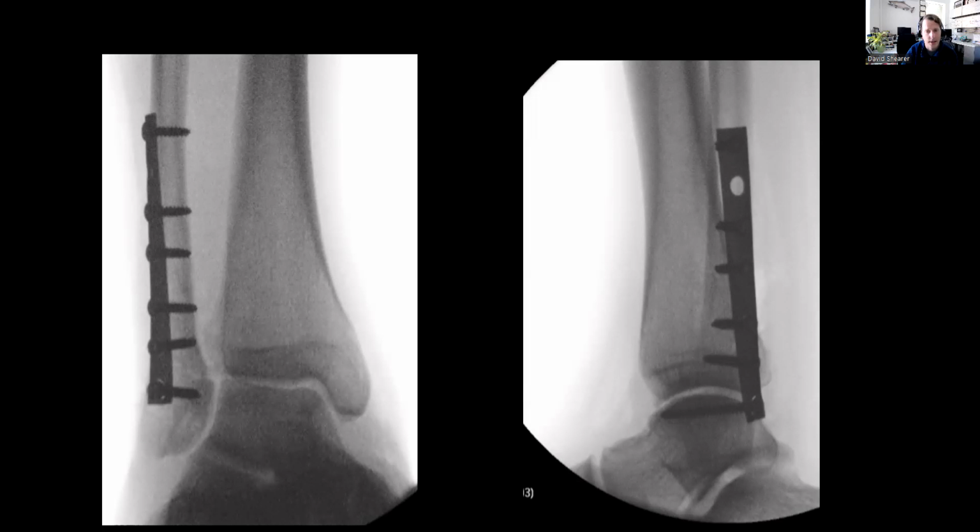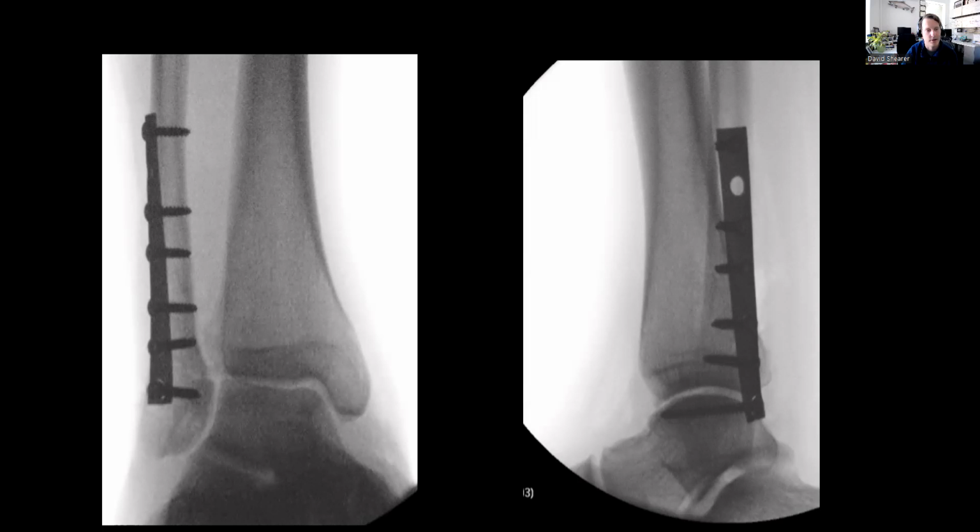Now, why not do this every time? Well, I think it's technically more difficult. The exposure can be awkward, especially as you're getting used to it, requiring a very large hip bump to get in position to place this. You'll also notice the twist in the plate, and the posterior lateral contour of the fibula requires twisting the plate quite a bit.